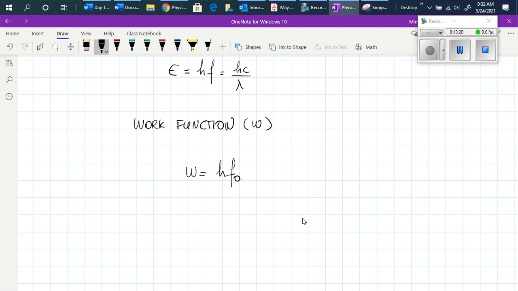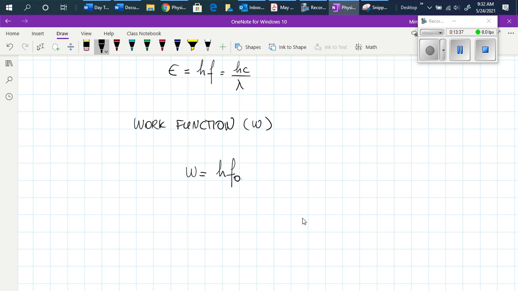So an increase in intensity produces a greater photocurrent, which is one of the findings that Hertz had. So with this model, he was able to explain even this.